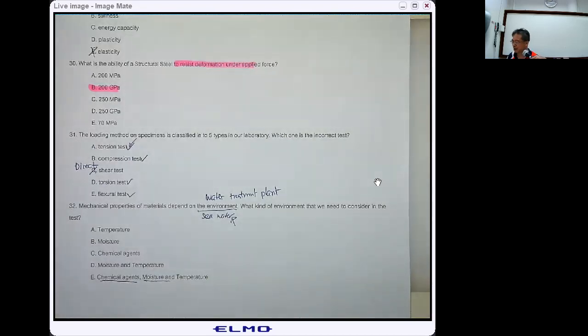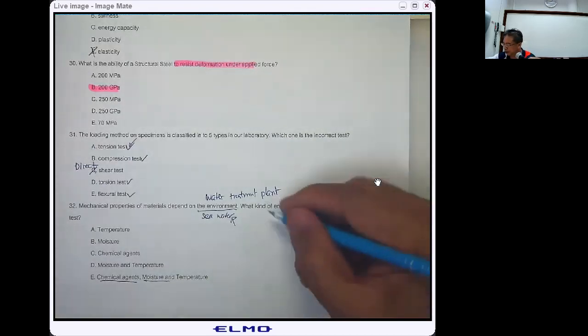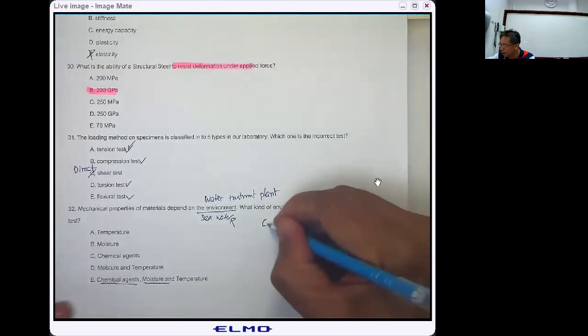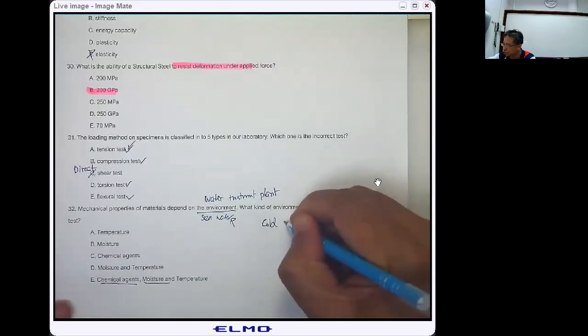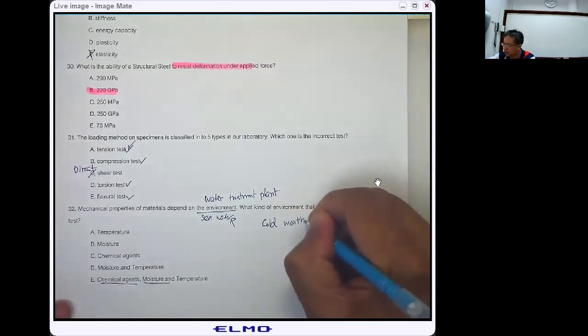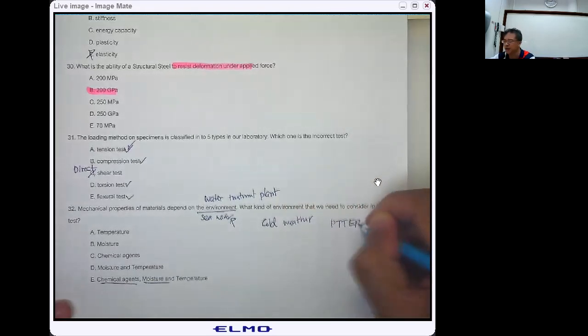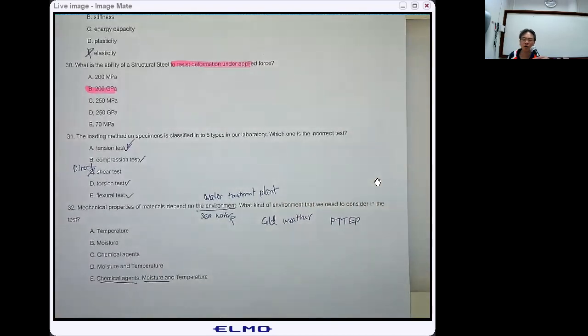And sometimes when you're working in cold weather, if you work in the company PTTEP, you go to explore to find some natural gas or crude oil in the area of the North Pole, so your structure may be subjected to the low temperature.